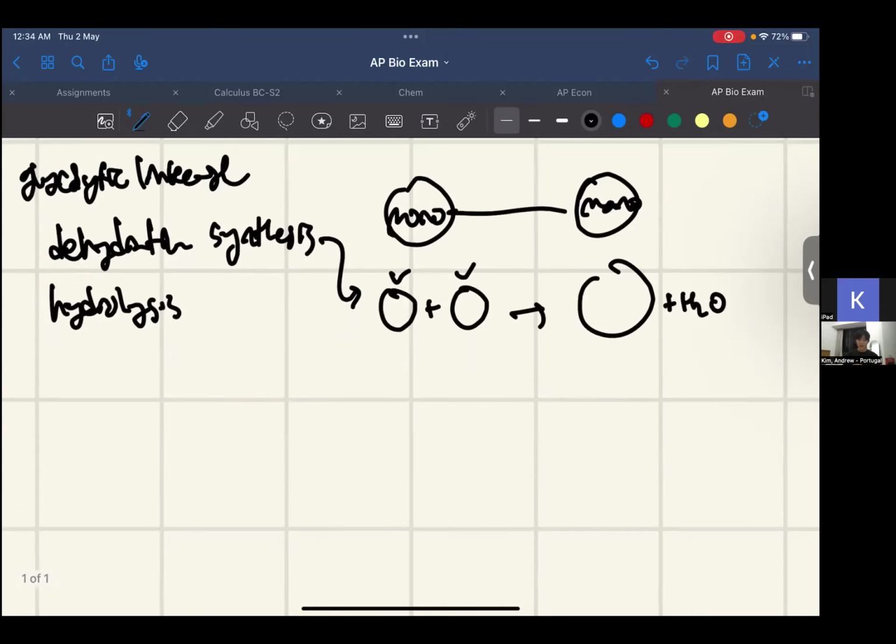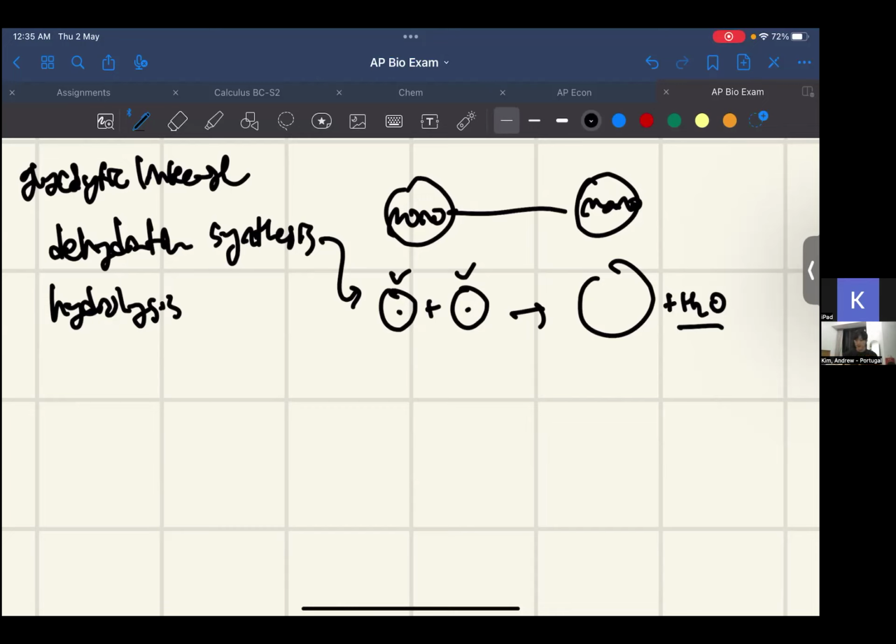Now this might look kind of weird because it says dehydration synthesis, but as a product, you're literally getting H2O, you're getting water. How is this dehydration? Well, you have to think of it this way. These two monomers had water, right? But we're taking that water out. That is why we're receiving water as a product of this reaction, right? So if you think from the monomers' perspective, they're losing their water in order to synthesize and form this bond to be a polymer, right?